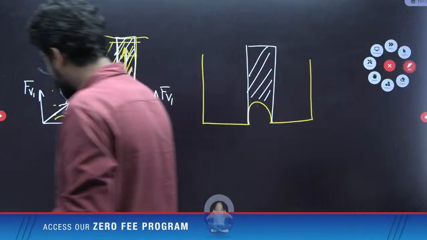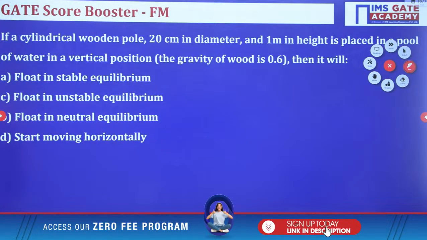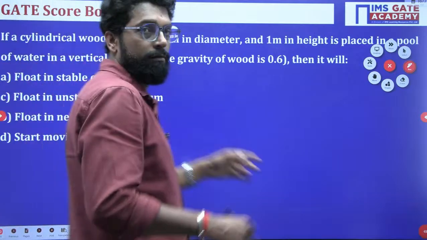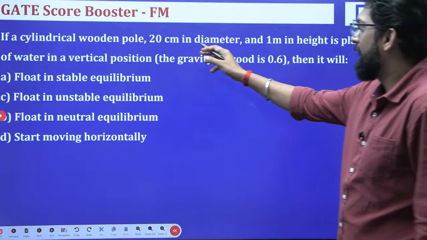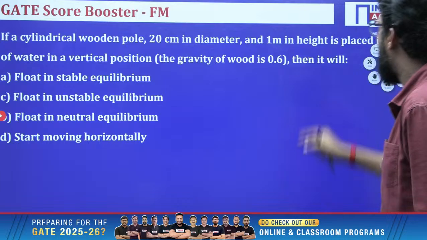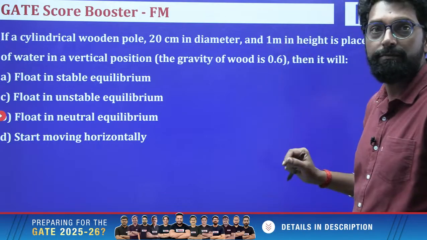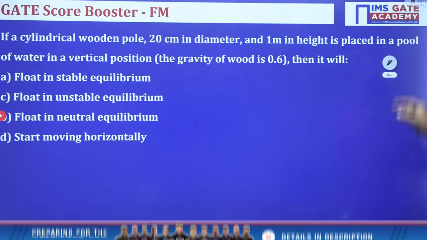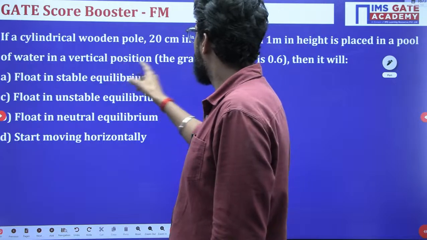Now next, this is the next problem. Please read this question. A cylindrical wooden pole, 20 centimeter in diameter and 1 meter in height, is placed in a pool of water in a vertical position.